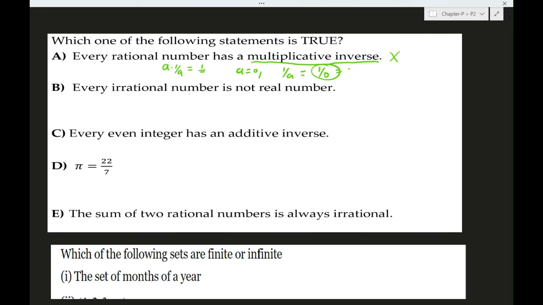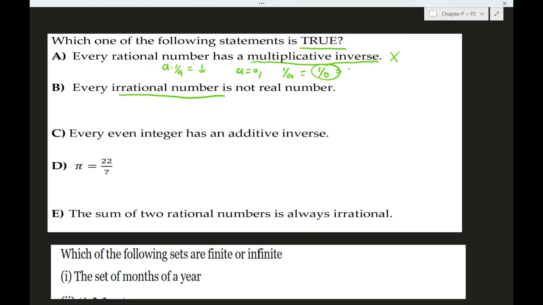Now, B is false, because an irrational number is also a real number, but here it says it's not a real number. But look at the question. The question is looking for the statement that is true, so we need to look for the true statement.